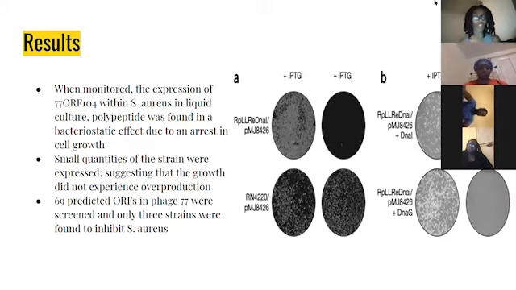Okay, so in the results, when monitoring the expression of 77-ORF-104 within S. aureus in liquid culture, the polypeptide was found to have a bacteriostatic effect due to an arrest in cell growth. Small quantities of the strain were expressed, suggesting that the growth did not experience overproduction. 69 predicted ORFs in phage 77 were screened, and only 3 were found to inhibit S. aureus.